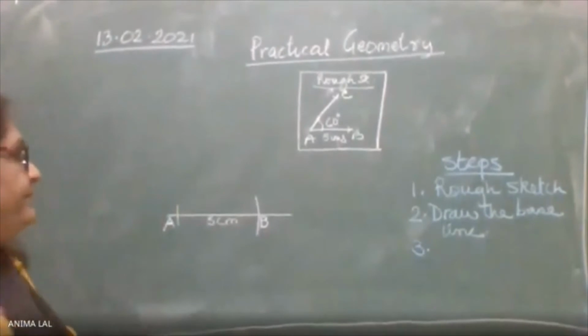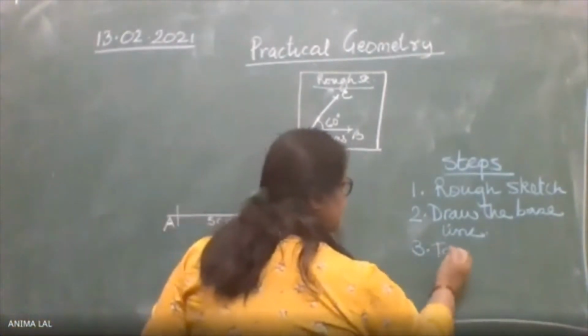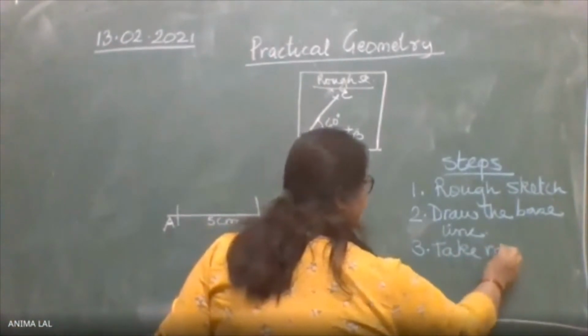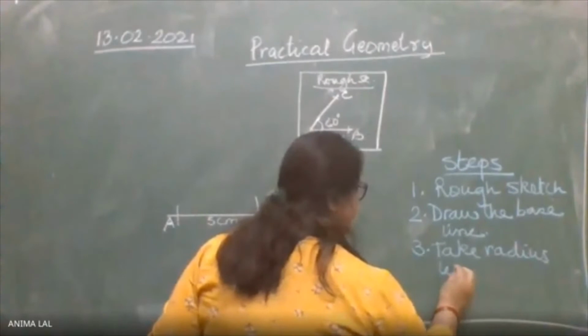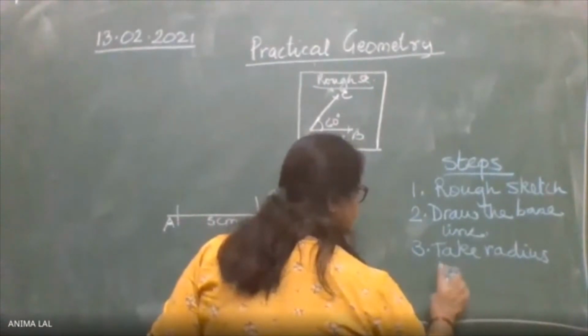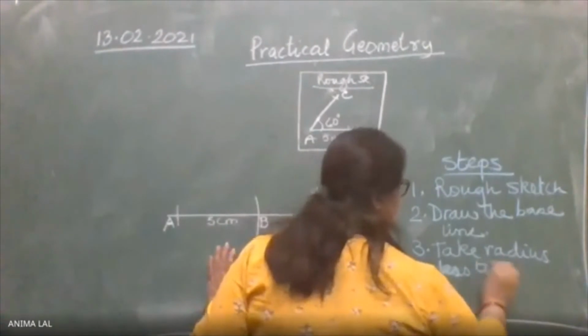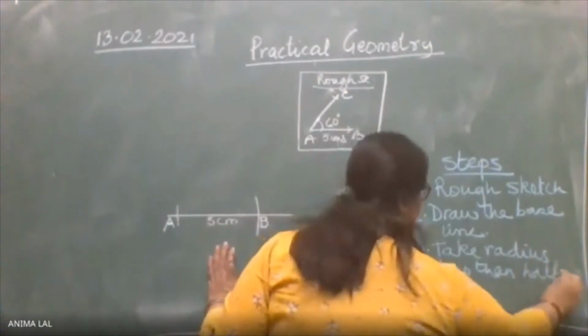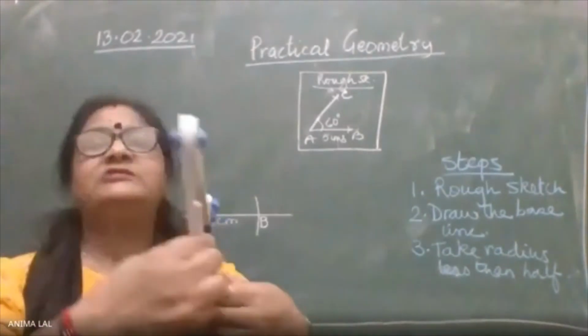Now the third step here will be: take radius less than half. Okay, take radius less than half means on what will I take the radius?